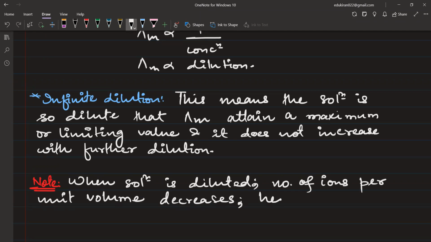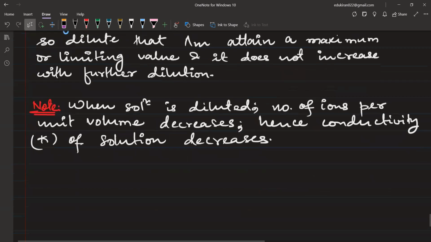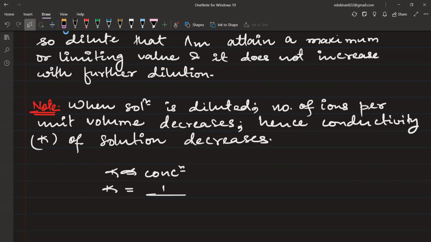Hence, conductivity, मतलब क्या है? कापा. Conductivity of solution decreases. That means conductivity is what? Directly proportional to concentration, and it is inversely proportional to dilution. Proportional sign लगा लीजिएगा. Dilution.